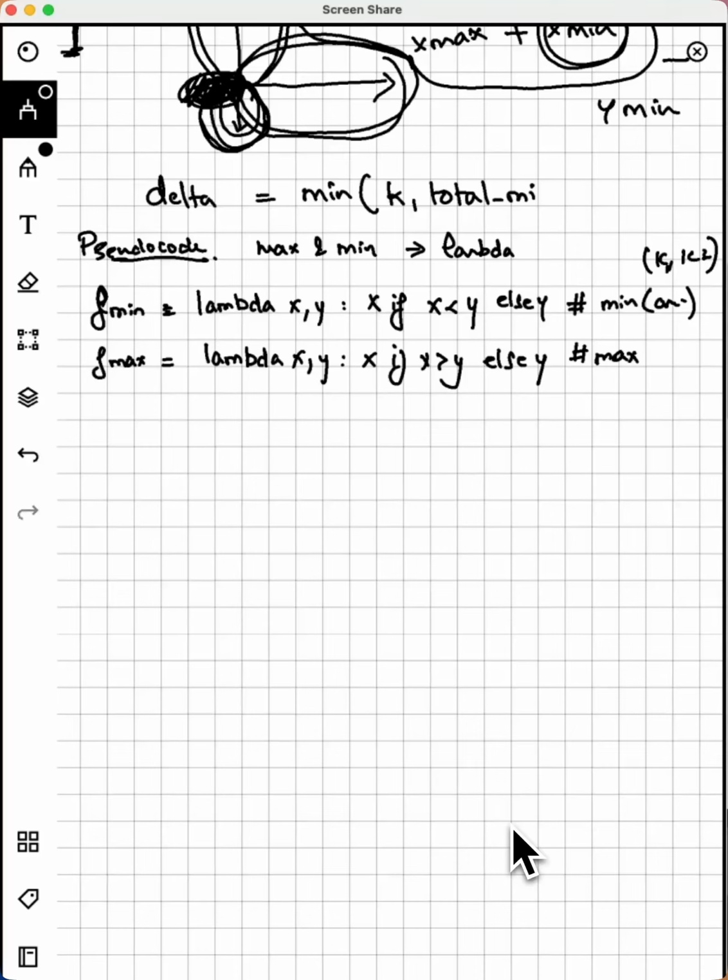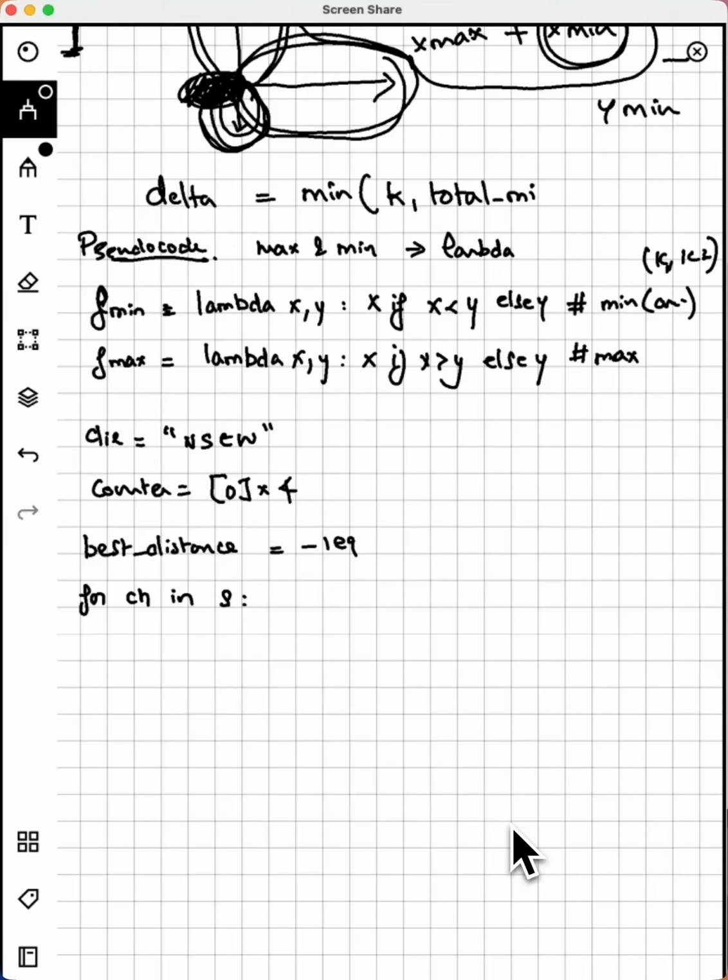Okay, so let's still use them, and let's have a direction string north, south, east, west, and let's have a counter array which will keep the count of our directions. Let's start with the best distance. We want the maximum, so we start with a very low negative value, and so we say for ch in s, you pick the index of the ch.